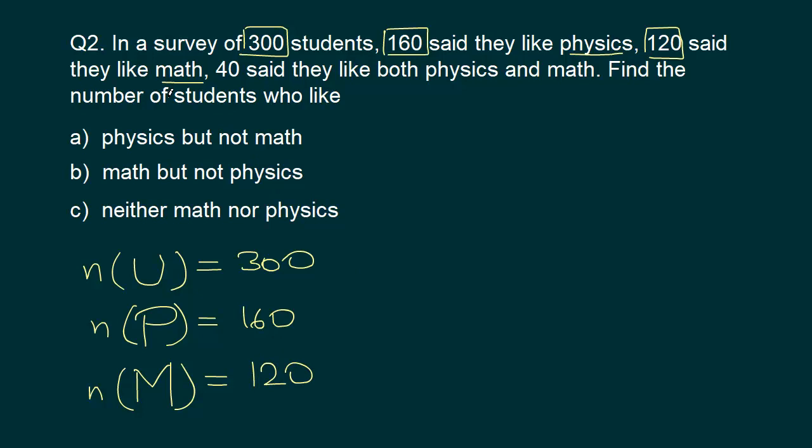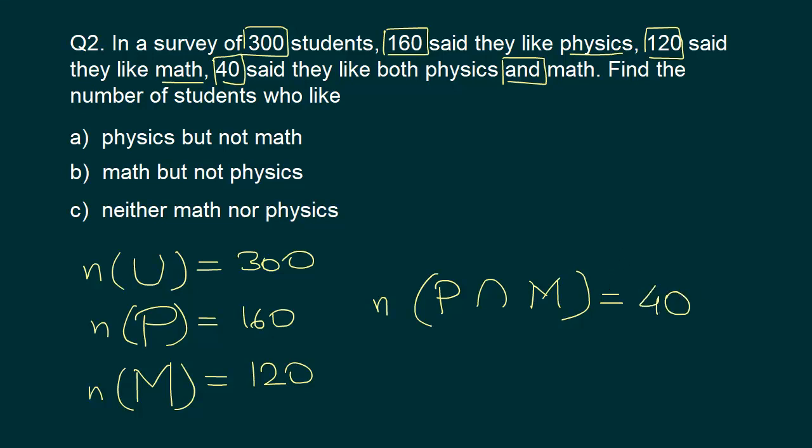And what is given is that 40 students like both physics and math. We know that whenever we see "and," we mean intersection. So physics intersection math, the number of students who like this is 40.